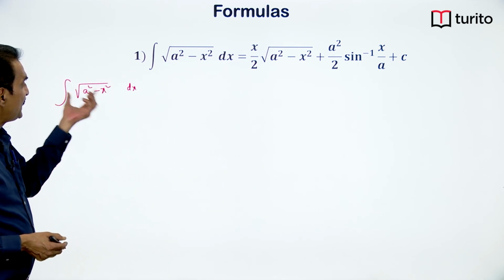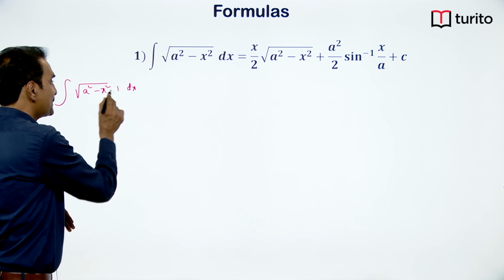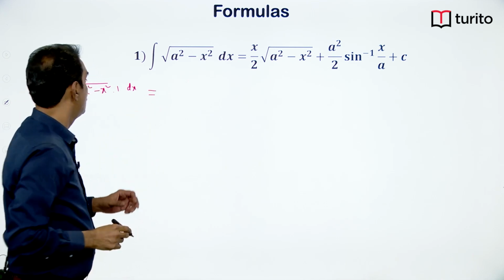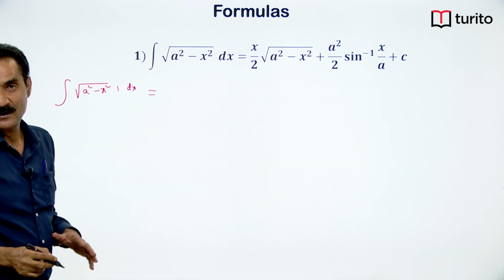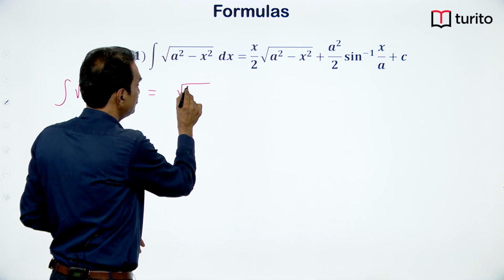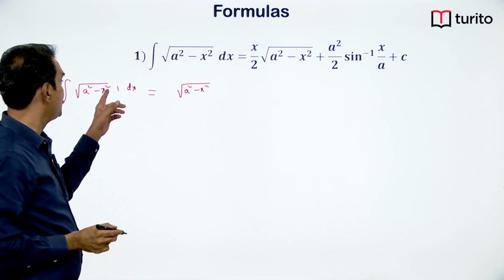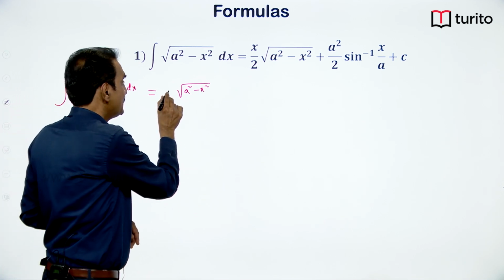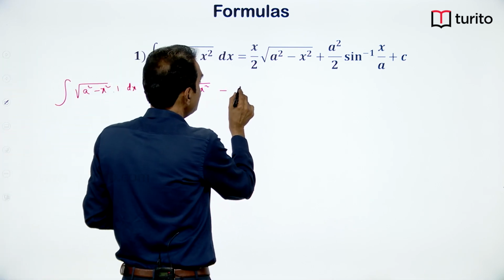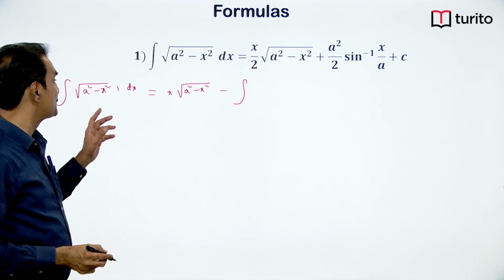Here we take root over a square minus x square as the first function and 1 as the second function. Then first function into integral of the second: root over a square minus x square into x, since the integral of 1 is x, minus integral of the derivative of the first function.